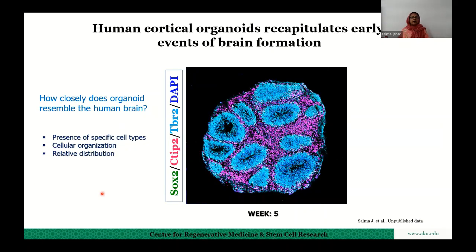Human cortical organoids recapitulate the early events of brain formation, and they are used as a model of multiple cell types and their architecture relevant to function. They are useful for further studying homeostasis, regeneration, and diseases.